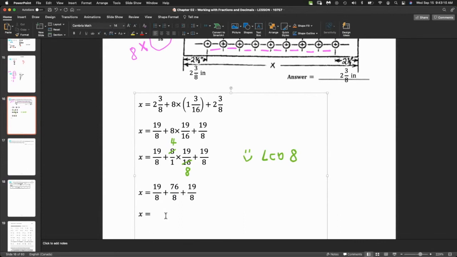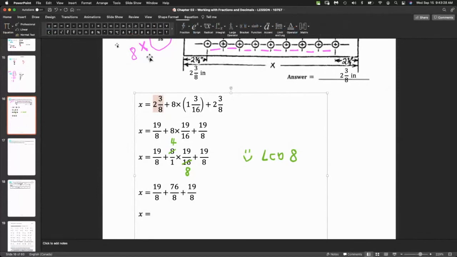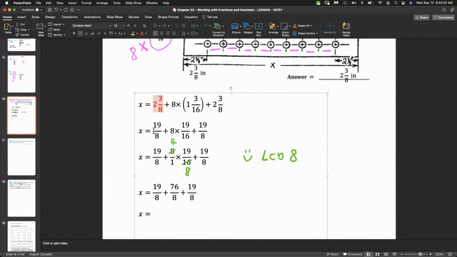Why didn't you divide the 19? Because you're going to add the two fractions together later. How did I get 19? Oh, from here. For the question about 19, I turned this fraction 2 3/8 into 19 over 8 using the proper to improper conversion.